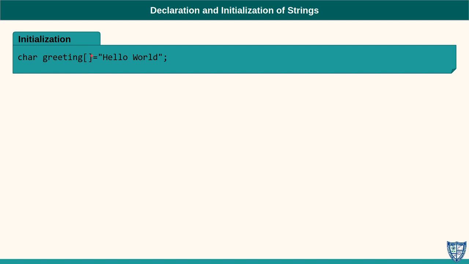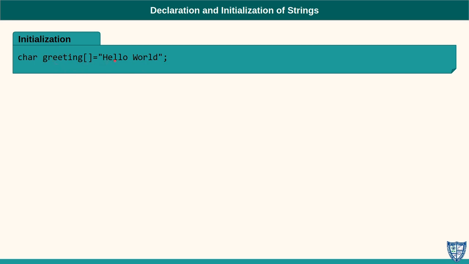So we don't have to put a size inside the square brackets if we are initializing and declaring on the same line. In this example, we are declaring a string and initializing it on the same line. So C will automatically count the number of letters in the string constant and then make the size of greeting that many characters. So what will be the size of greeting here?